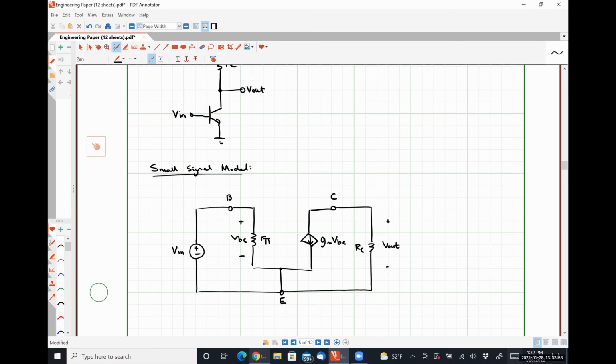So how do we modify this circuit to determine R in? We don't have to do anything, okay? Our output voltage was already an open circuit voltage.